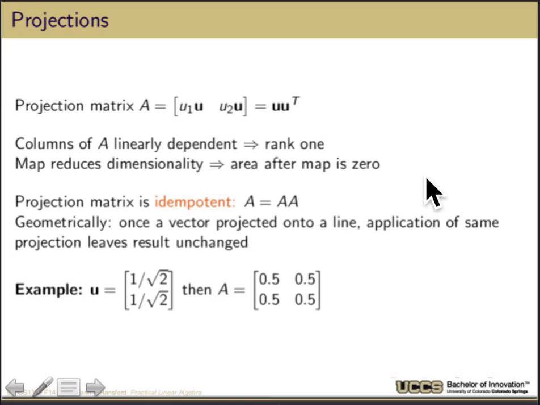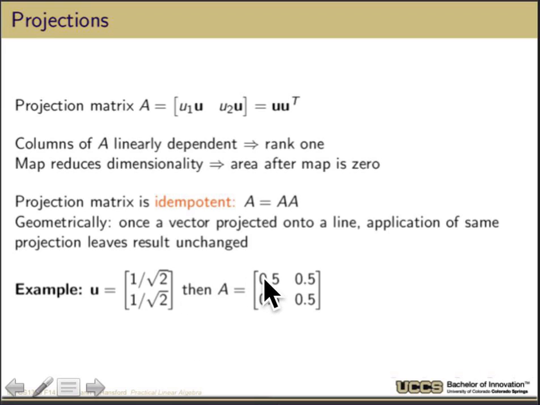So now, given an example vector U, computing the matrix that gives us the projection onto U is actually easy. We just remember this formula, U times U transpose, and you just take this vector, 1 over square root of 2, 1 over square root of 2, make a column, and a row vector, which is U transpose, 1 over square root of 2, 1 over square root of 2.